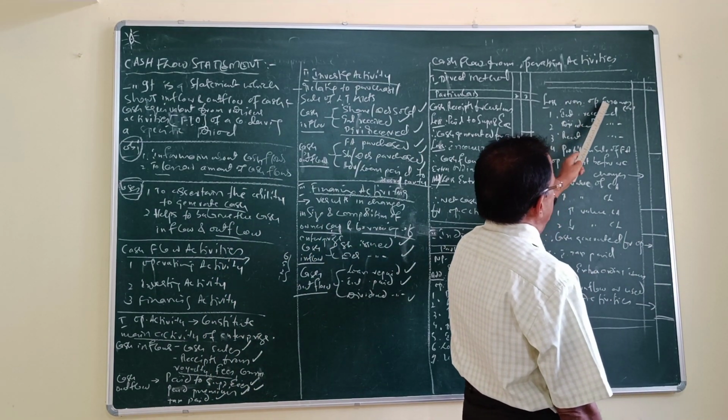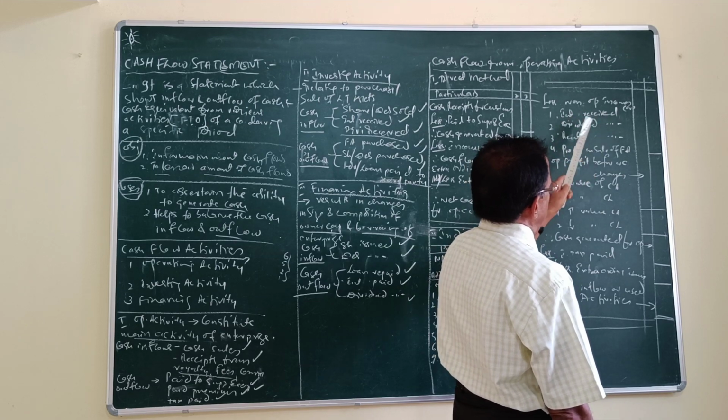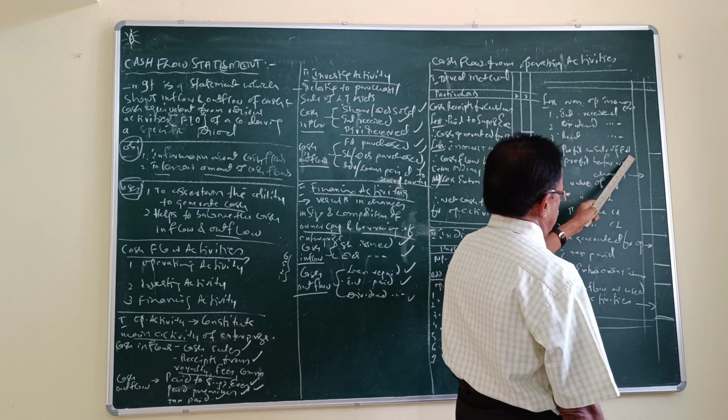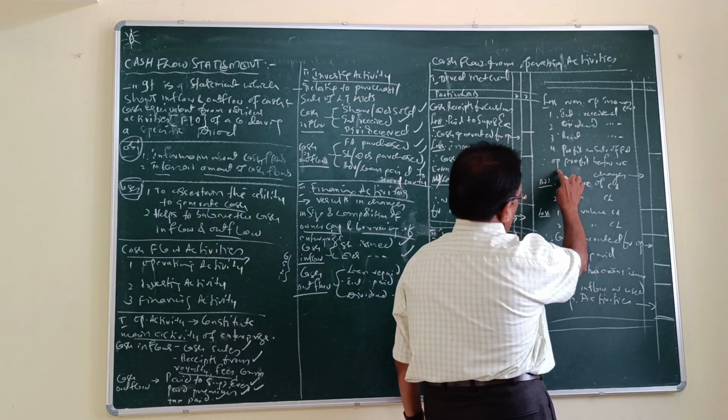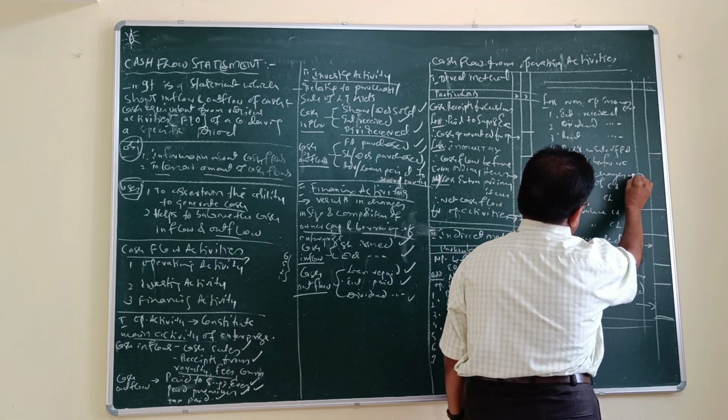Less non-operating incomes credited to profit and loss account, such as interest received, dividend received, rent received, profit on sale of fixed asset. The difference is called operating profit before working capital changes.